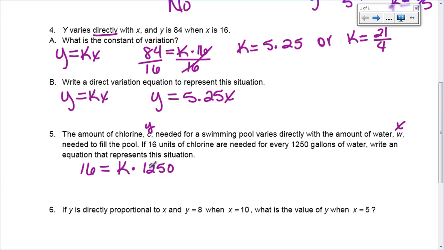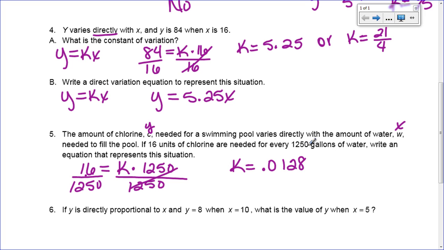Then to find k, I'm going to divide by 1250 on both sides, and it's going to give me a funky, weird, small number. I get that k is equal to 0.0128. That's what the decimal comes out to be.